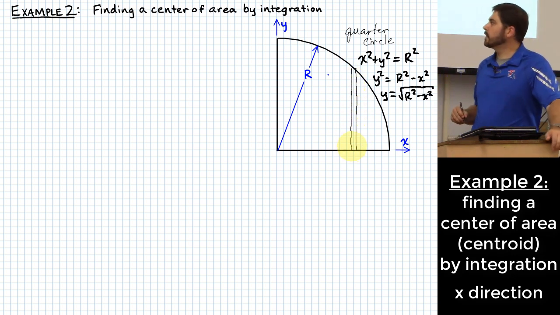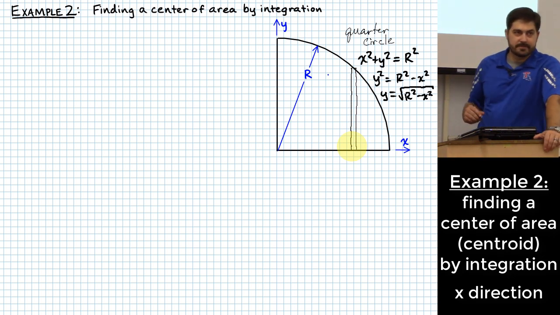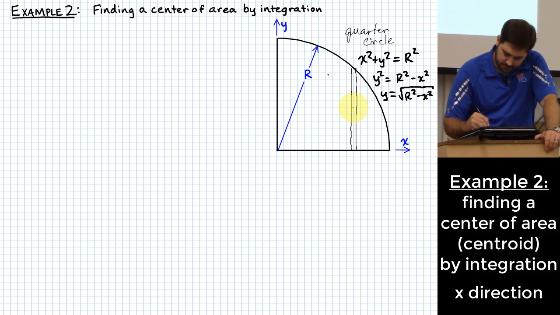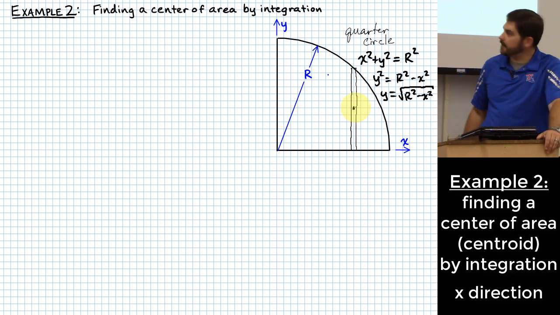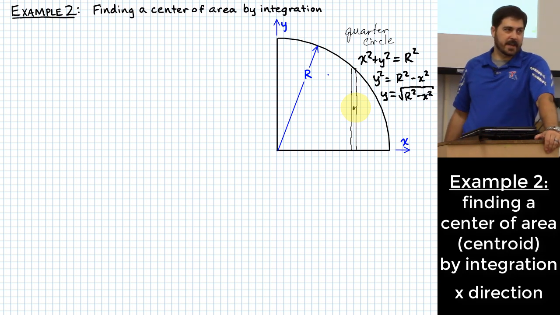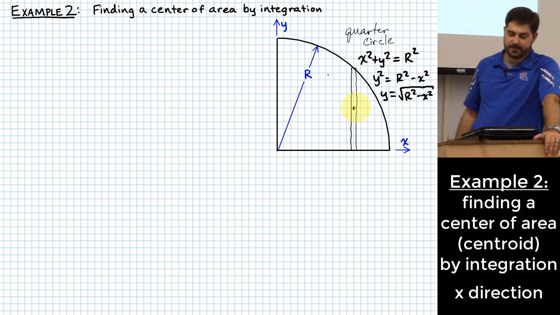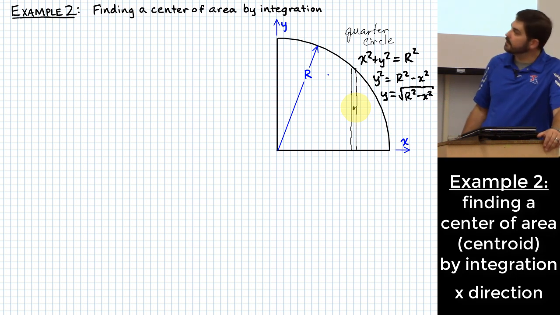And where is the center of that little rectangle? Right in the middle of that little rectangle. So what is the x coordinate of the center of that rectangle?